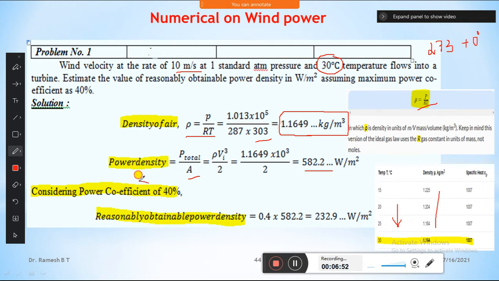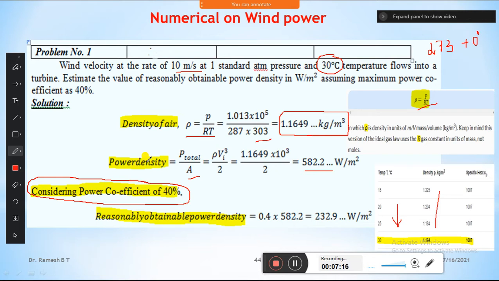And for the power coefficient of 40 percent, what will be the power? This is the efficiency of the turbine. So the expected power density from the standard values is 582.2 watt per meter square.